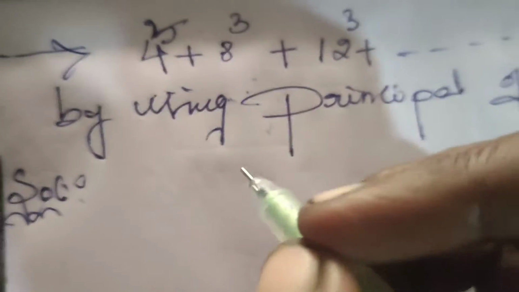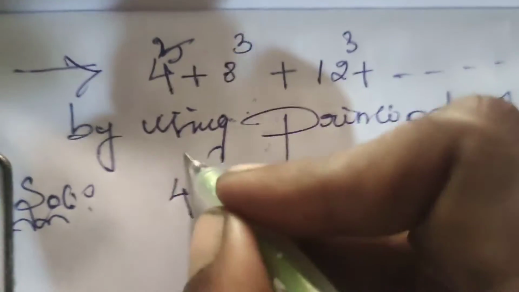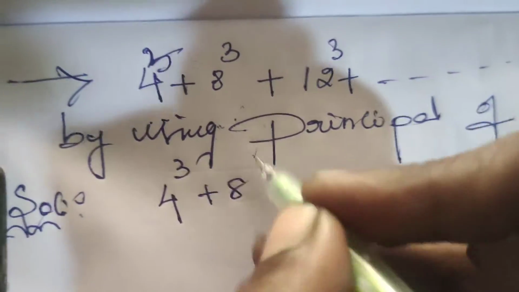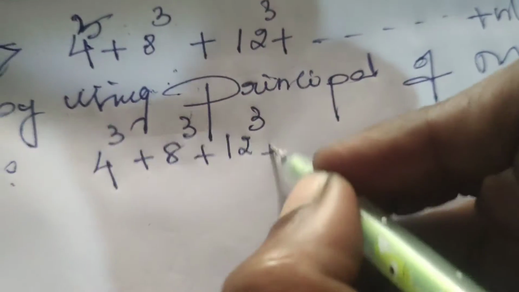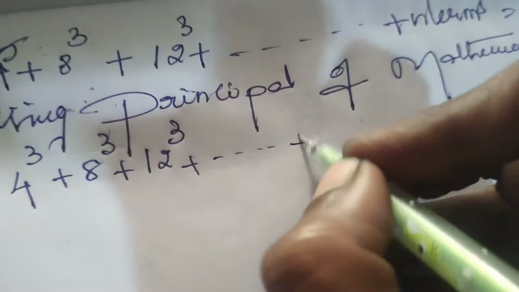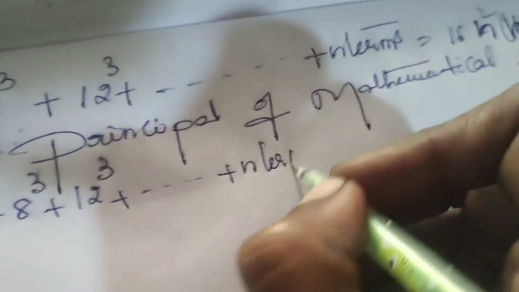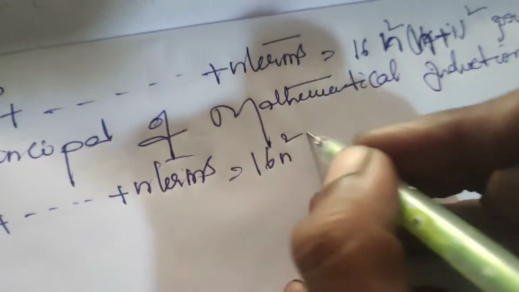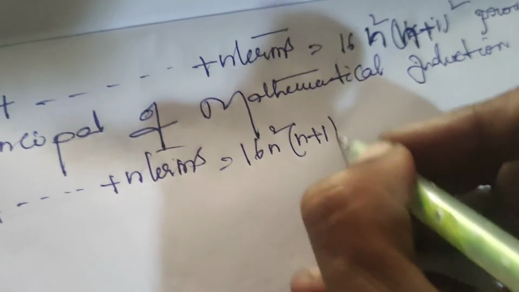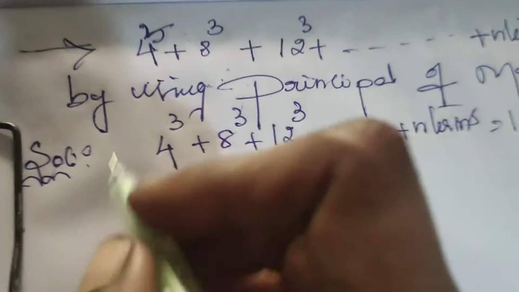The given statement means here 4 cube plus 8 cube plus 12 cube plus so on plus n terms equals 16n square into n plus 1 whole square. This is the given statement.